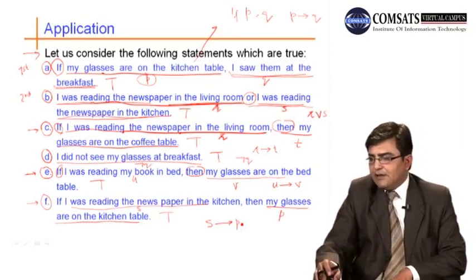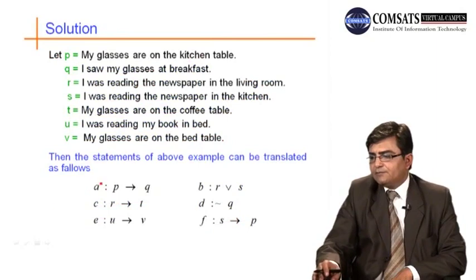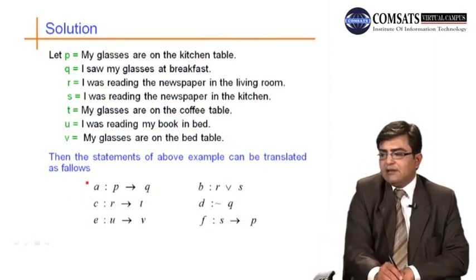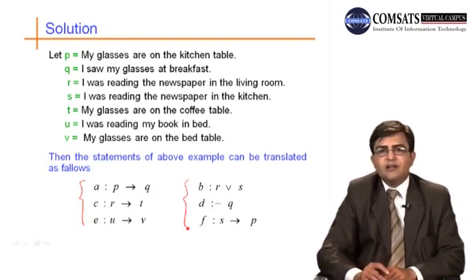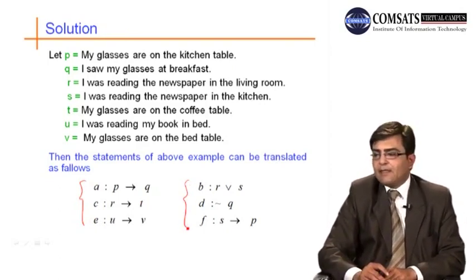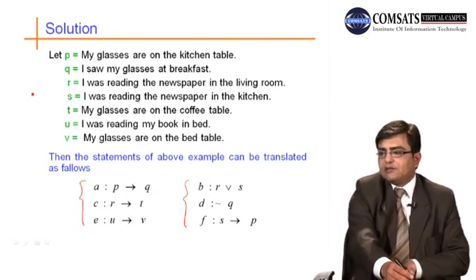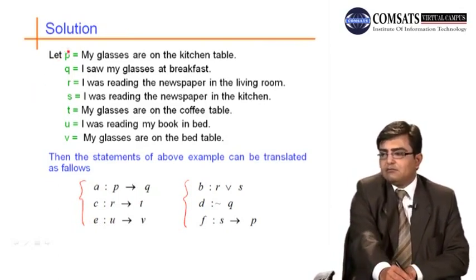So I summarize here the symbolic form of this argument. Here we have supposed P, my glasses are on the kitchen table, and Q as we have discussed earlier.